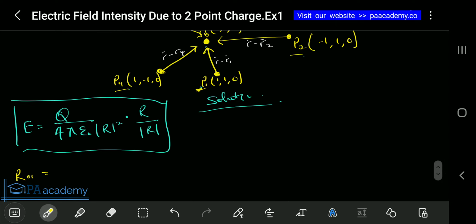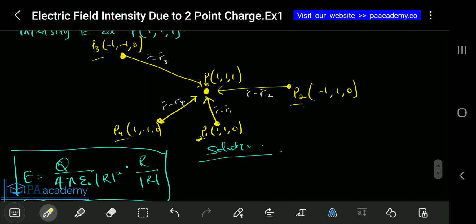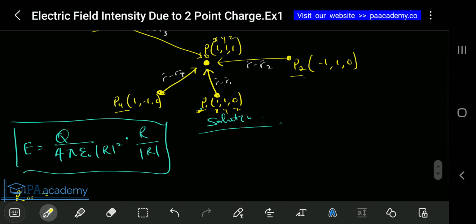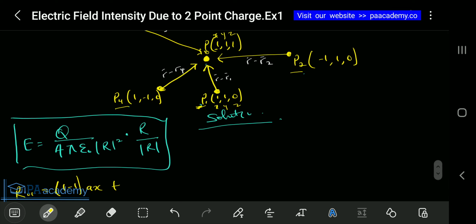We already know the coordinates of P naught, this is for X, Y, and Z. The same thing applies to everything. So now we are going to have 1 minus 1 AX, plus 1 minus 1, and here is going to be 1 minus 0.